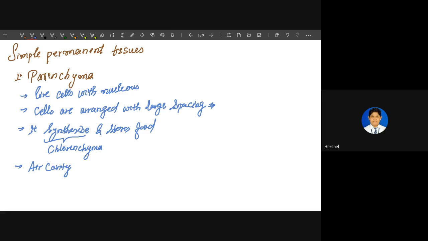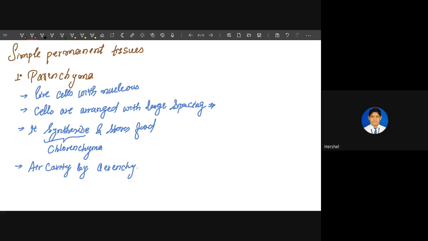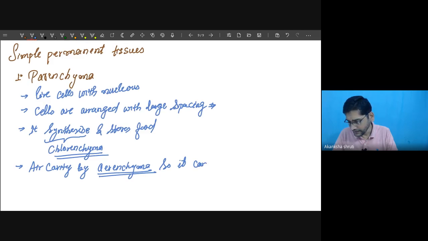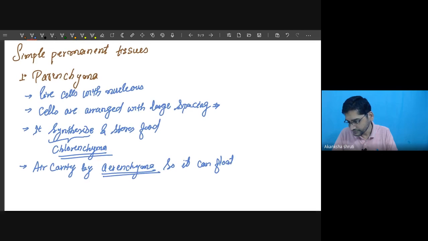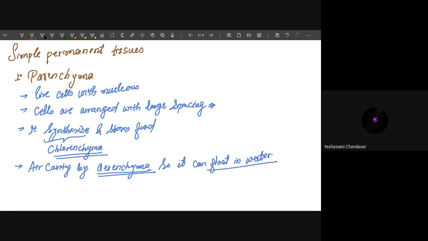By that it can float. So the wood or the aquatic plant can float in water. Who is responsible for this flotation? It is the parenchyma.